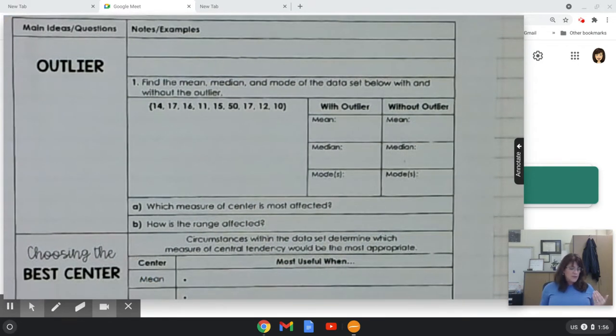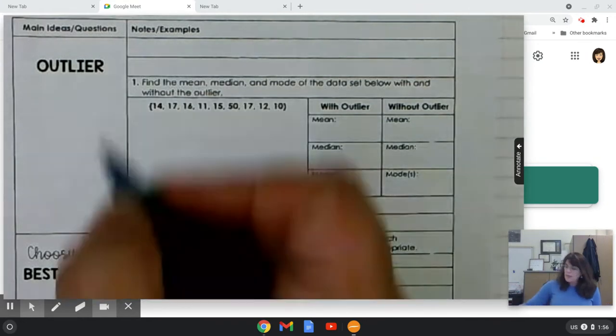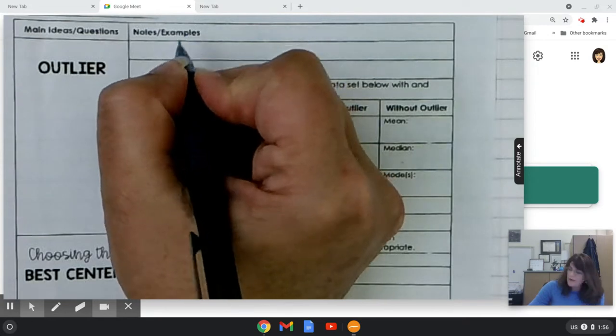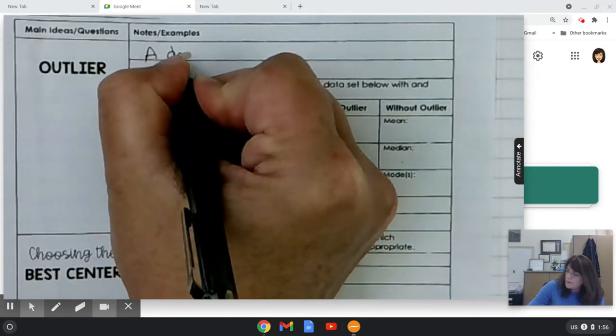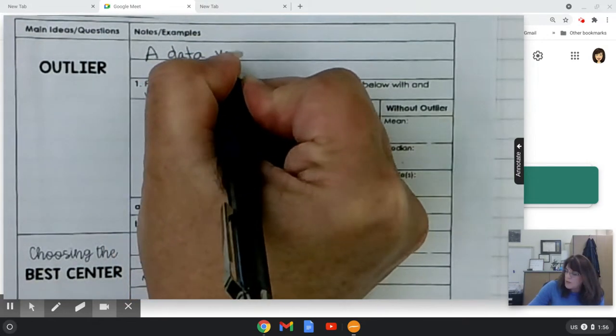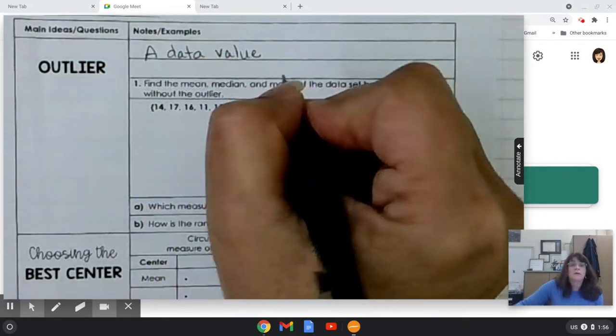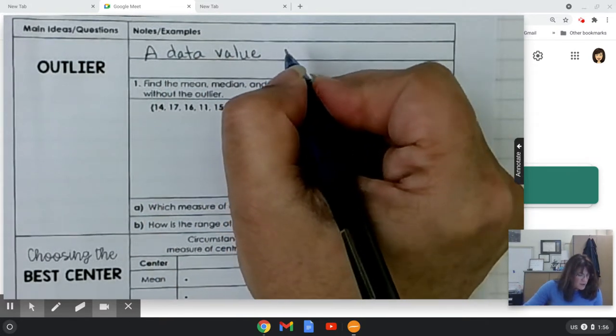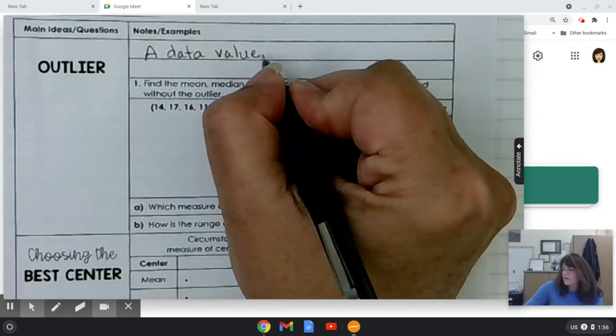So we want to take a look at what this looks like when we have a really different piece and we're comparing measures of center. So an outlier is a data value, and I want you to write this down, please, that is much larger or much smaller than the other values.